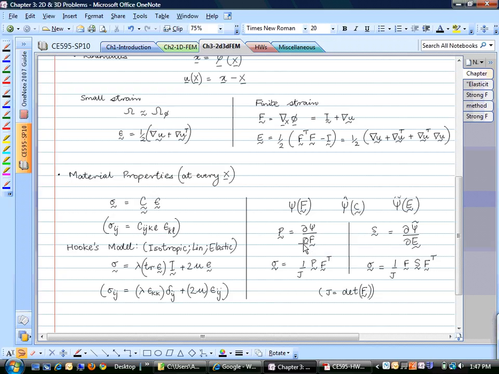So in small strain, we say that this small strain and stress are work conjugate. In large strain, this first Piola-Kirchhoff and F, they are work conjugate.